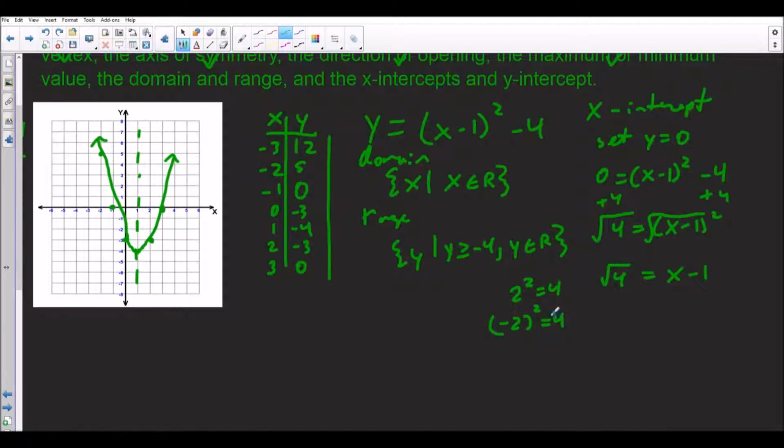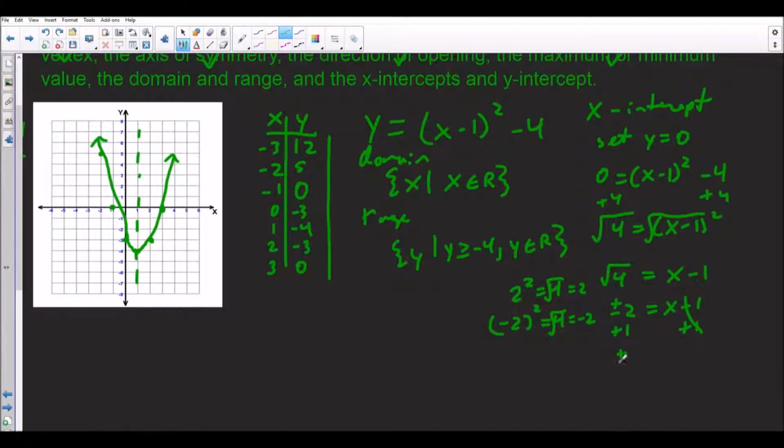So when I square root 4, we know that this one's equal to 2, but this one's equal to negative 2. That means that every time we square root something, we actually have a positive and a negative answer. So the square root of 4 is plus or minus 2, which is equal to x minus 1. We move the 1 over to the other side.